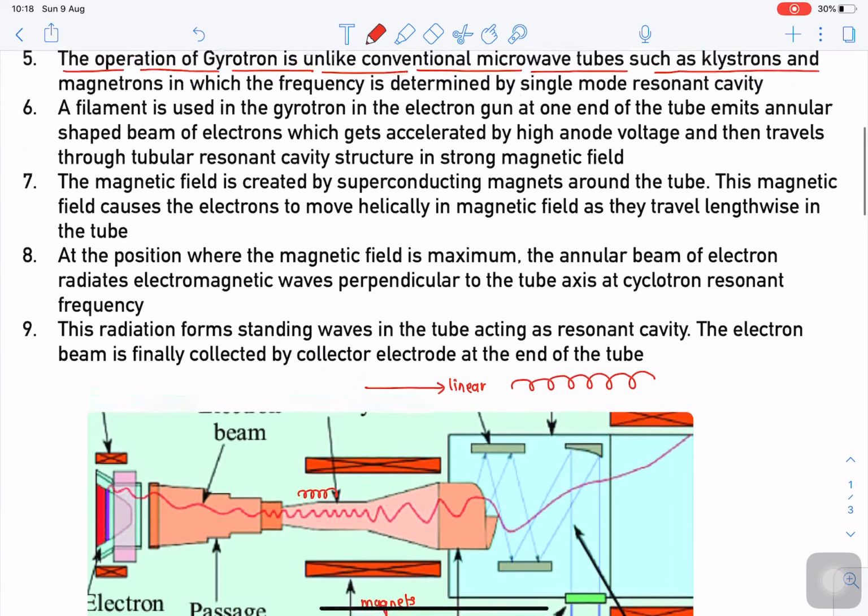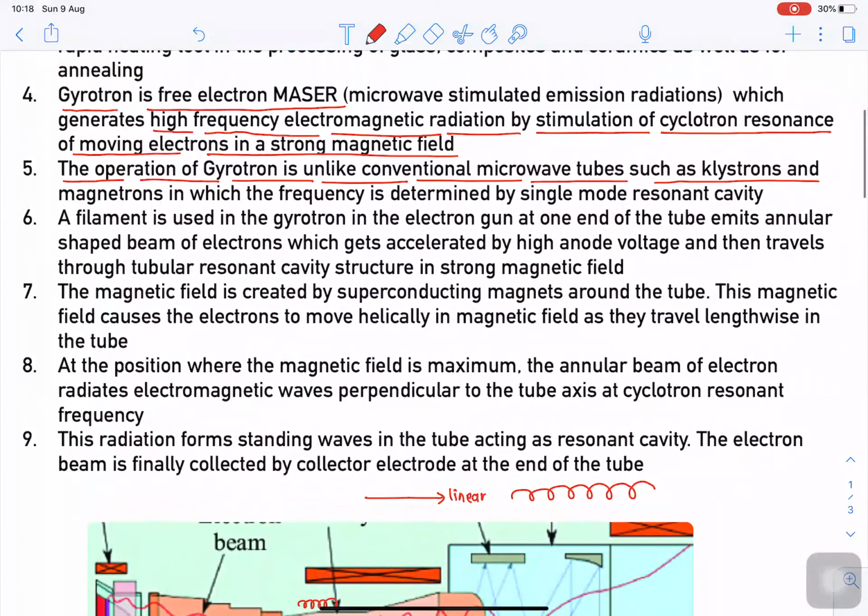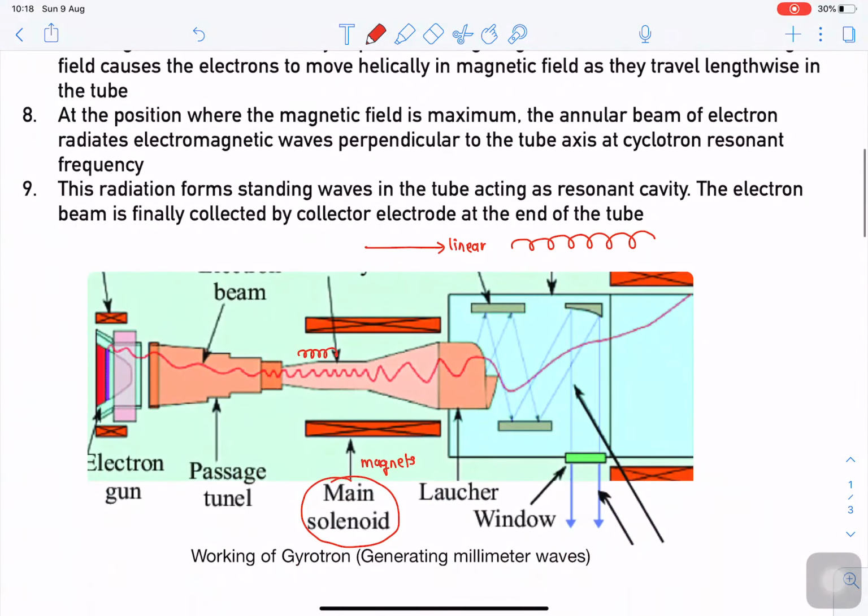The principal mechanism of the gyrotron is that it makes use of maser, microwave stimulated emission of radiation. How are the electrons getting stimulated? The electrons are stimulated by means of a strong magnetic field, and when they start emitting electromagnetic radiation, these radiations take place at the cyclotron angular motion of the electrons.